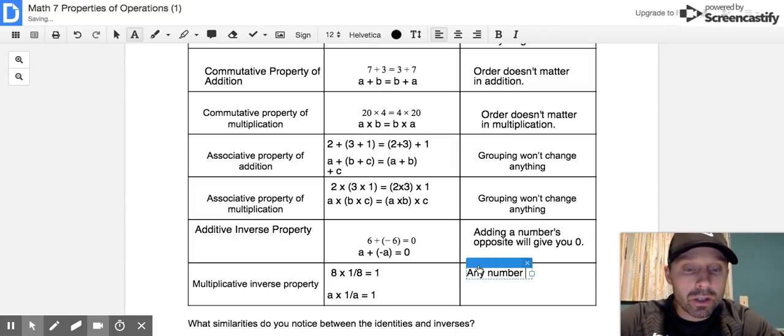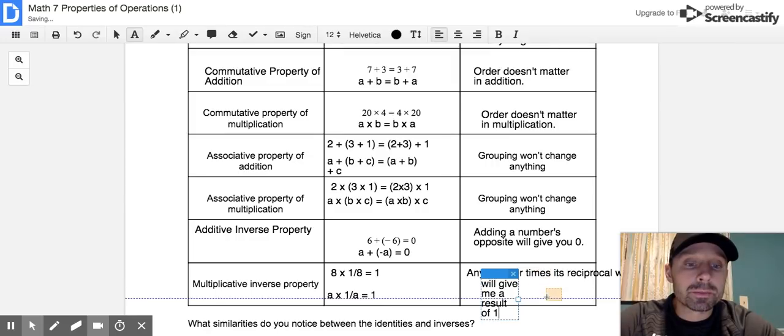Any number times its reciprocal will give me a result of 1.